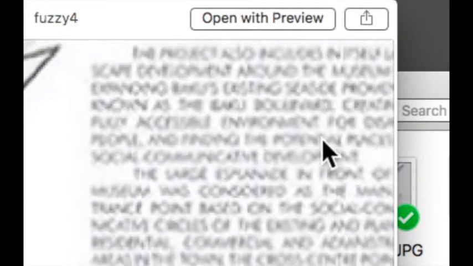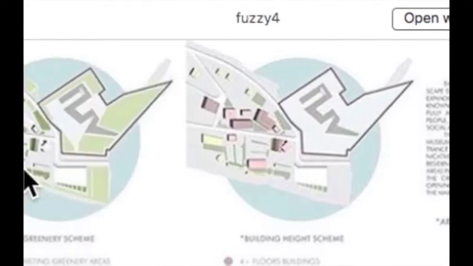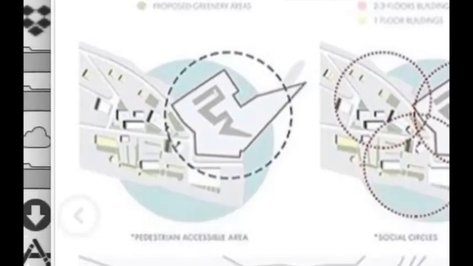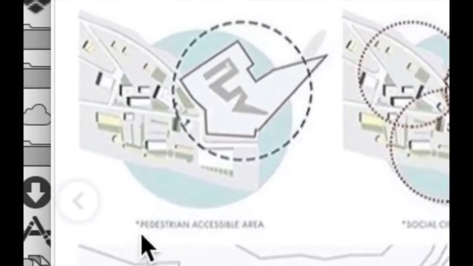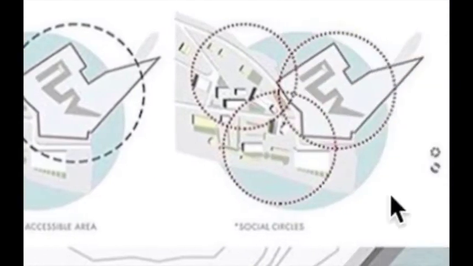You can also enter some description explaining the area. So this is the schema of the accessibility for pedestrians, and your functionality.